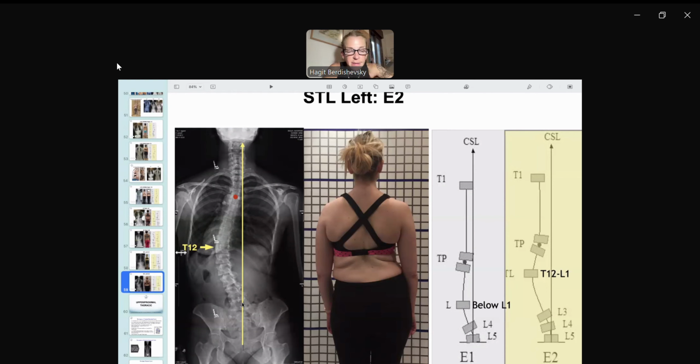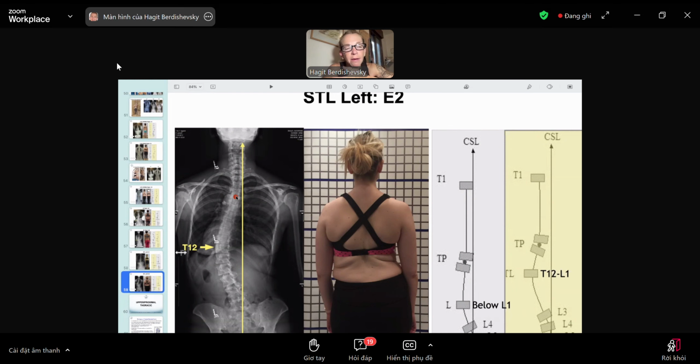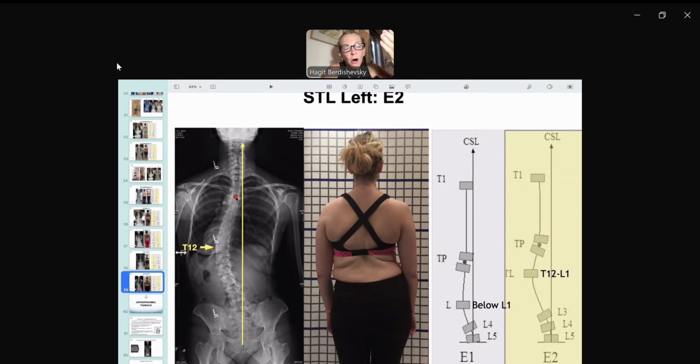In this case, the lumbar is a thoracolumbar, and it is long and high. So the transitional point will be high, almost in the upper thoracic. So it is high. Don't put the transitional point below, because it needs to be between the lumbar region, or in this case, thoracolumbar region, and whatever is left from the thorax.